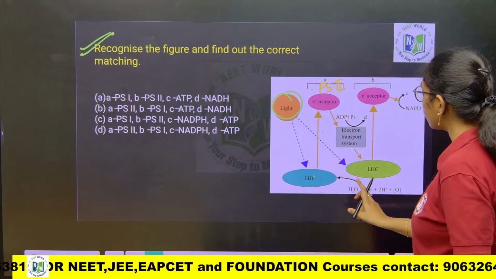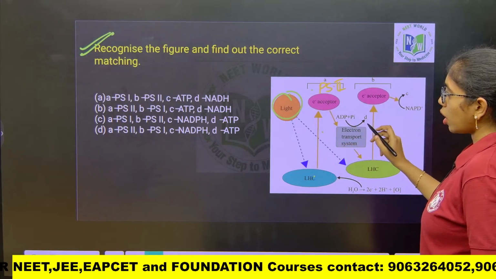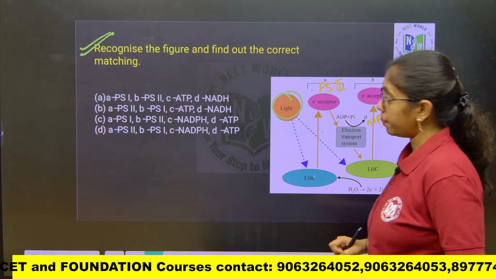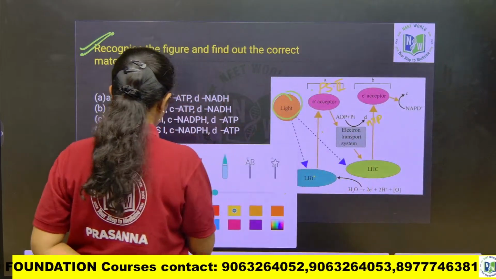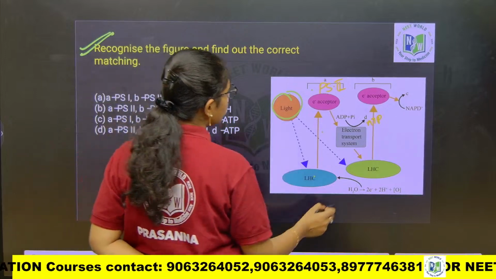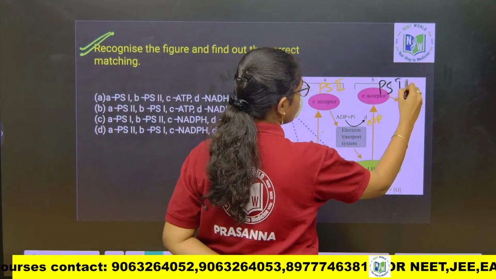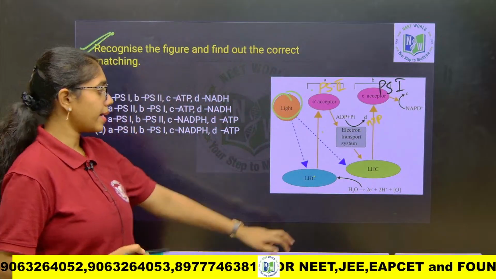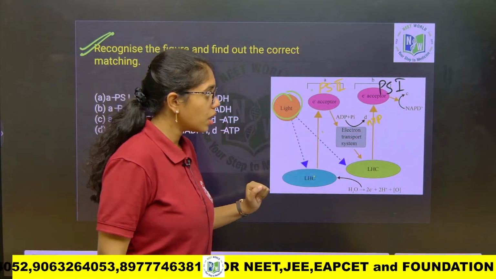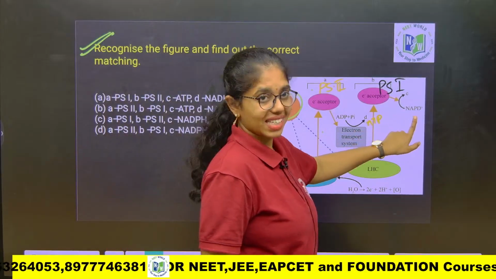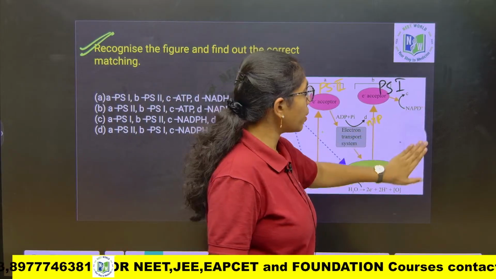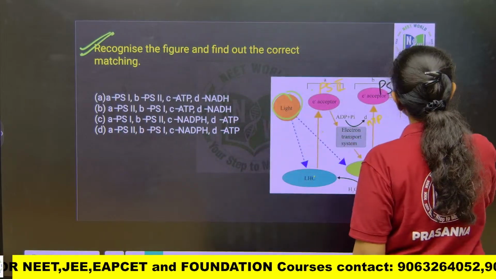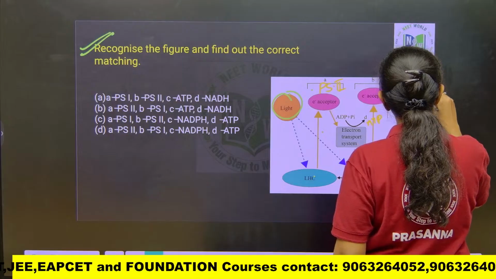And here, ADP and inorganic phosphate will form ATP, so D will be ATP. Next, B is photosystem 1, because here it is P700, the second light harvesting complex. And here NADP plus gets reduced, the ultimate electron acceptor from the Z scheme, to NADPH.